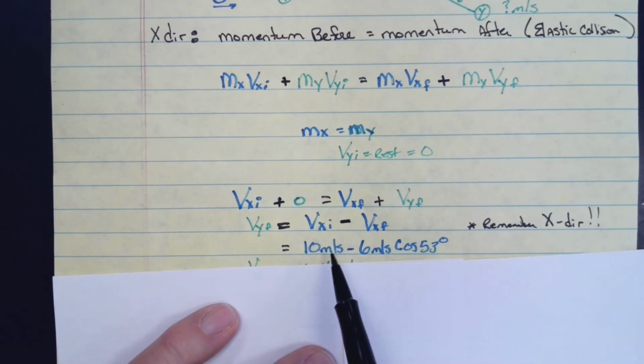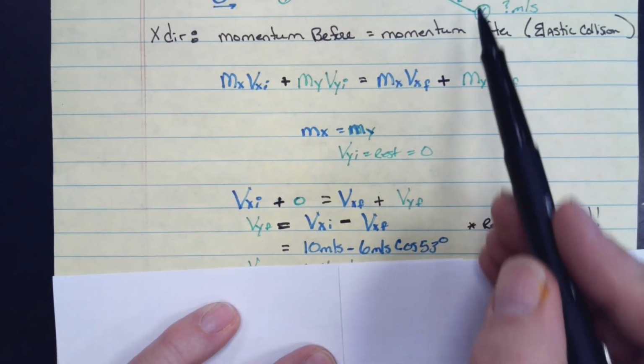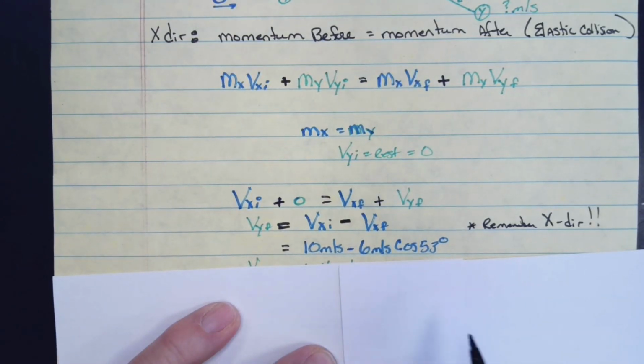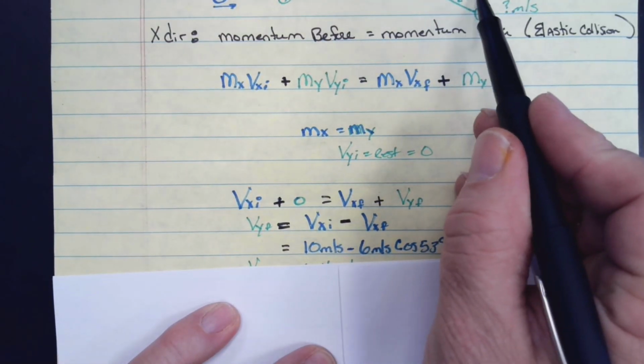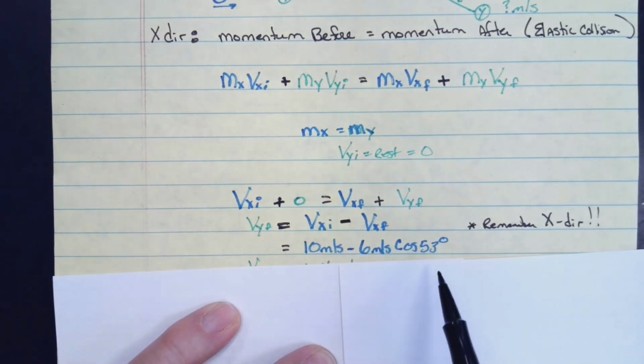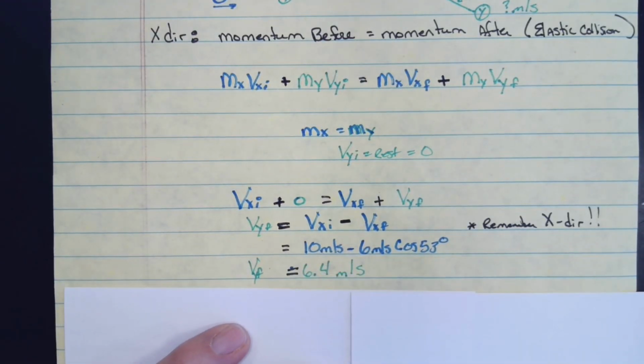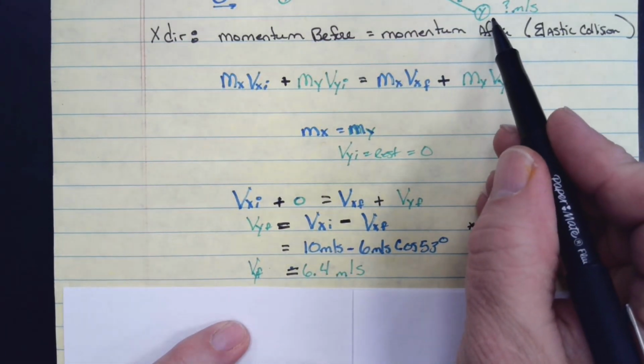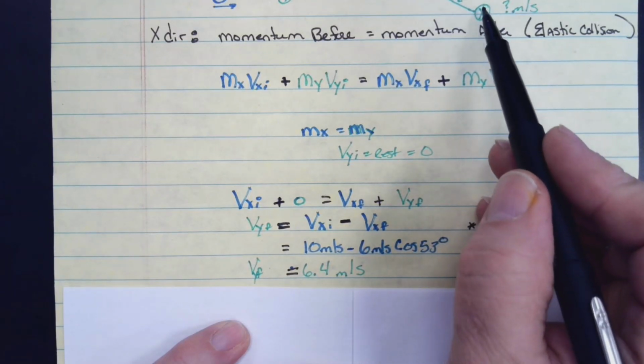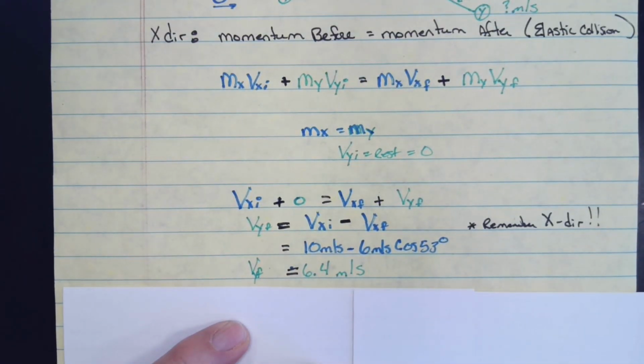Initially it was 10 meters per second. That's what they told me. If I take the 6 meters per second and the amount that's just in the X direction, that's going to be the cosine, the adjacent, of 53. I'm going to get that the velocity I'm looking for in the X direction on Y needs to be 6.4.